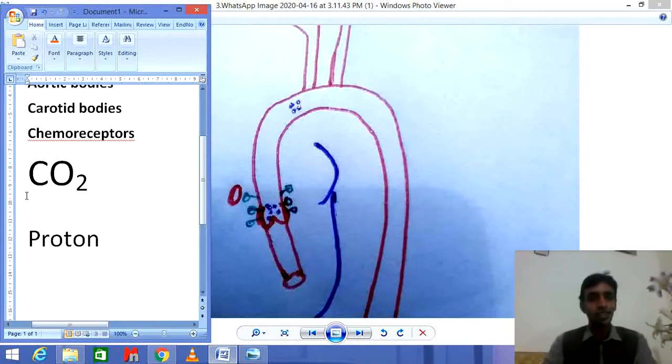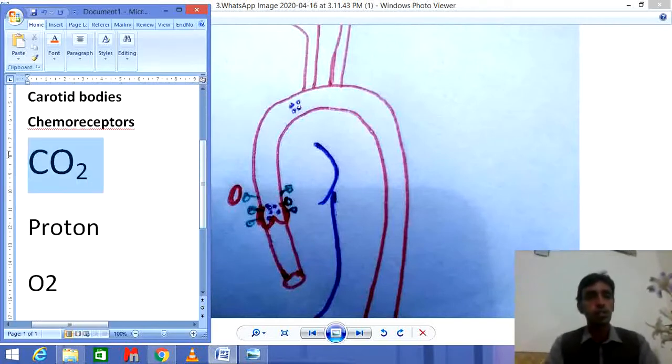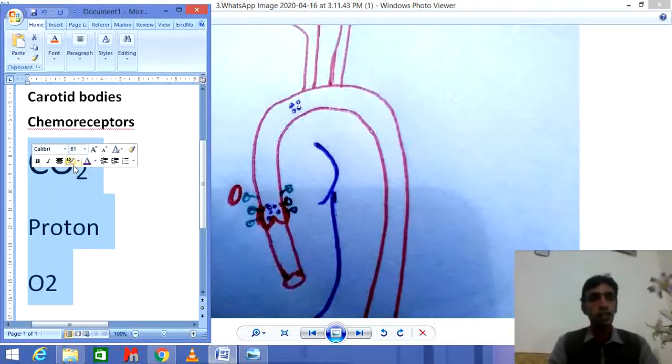The chemoreceptors are responsible for the detection of carbon dioxide, hydrogen ion, and oxygen concentration in the blood. Chemoreceptors are responsible for the detection of these three chemicals, these three entities: oxygen, proton, and carbon dioxide concentration in the blood.